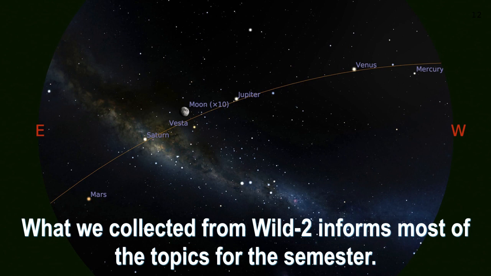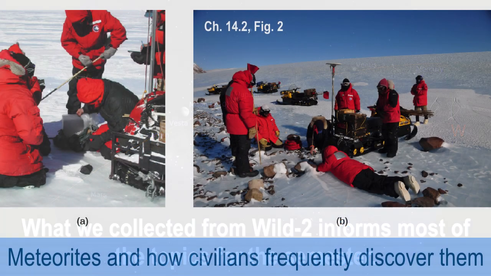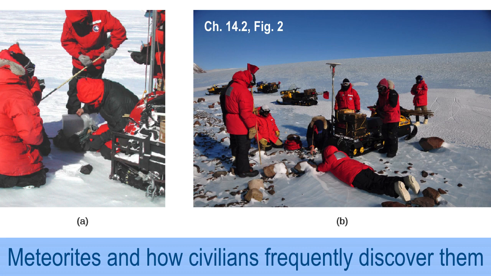Another thing that is reminiscent of Wild 2, that's comet stardust collection, another thing that we do similar to that is analyzing meteorites that fall to Earth. A lot of those, for instance, we know are from Mars. Here's a bunch of scientists down in Antarctica trying to find them.